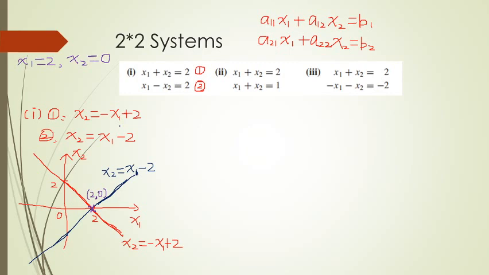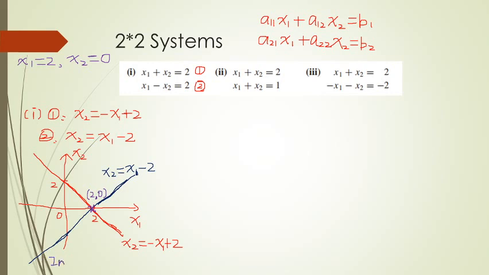Intersection means it satisfies those two straight lines, right? Here, when x1 is 2, of course x2 is 0. This red straight line. And this blue one, when x1 is 2, of course x2 is 0, right? So this one is the intersection, no problem, right?